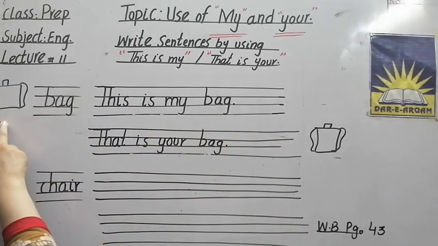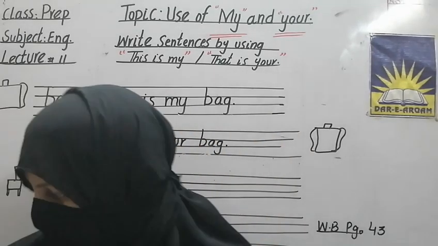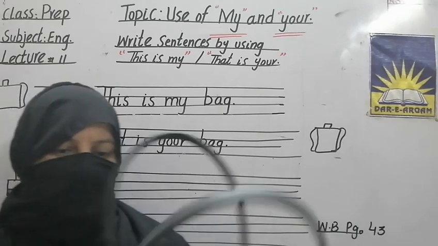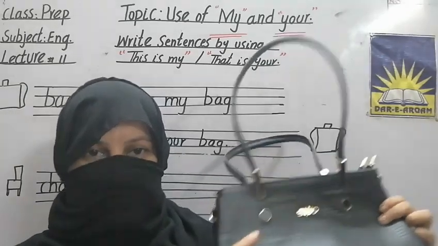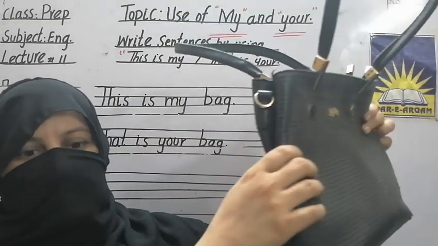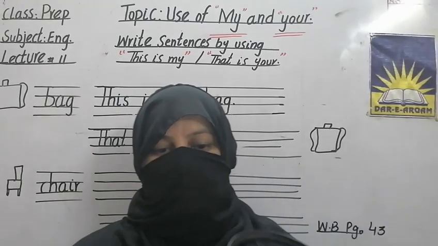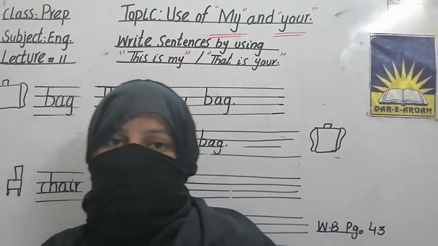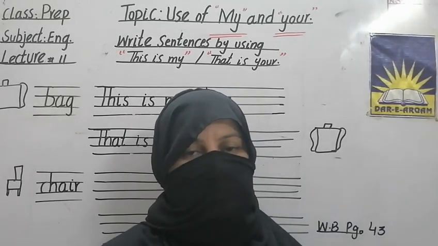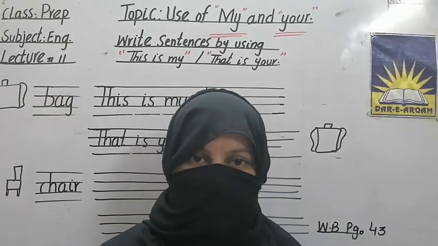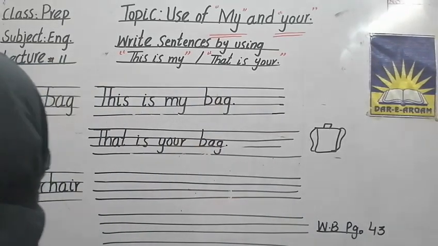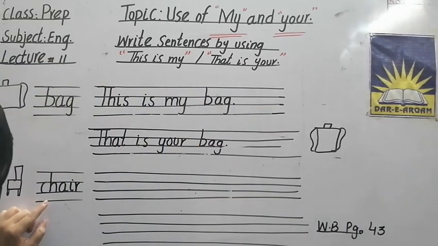This is my bag and that is your bag. Students, look here. My is used when we talk about myself and your is used when we talk to another person. Clear, students? Good. And the second word is chair.